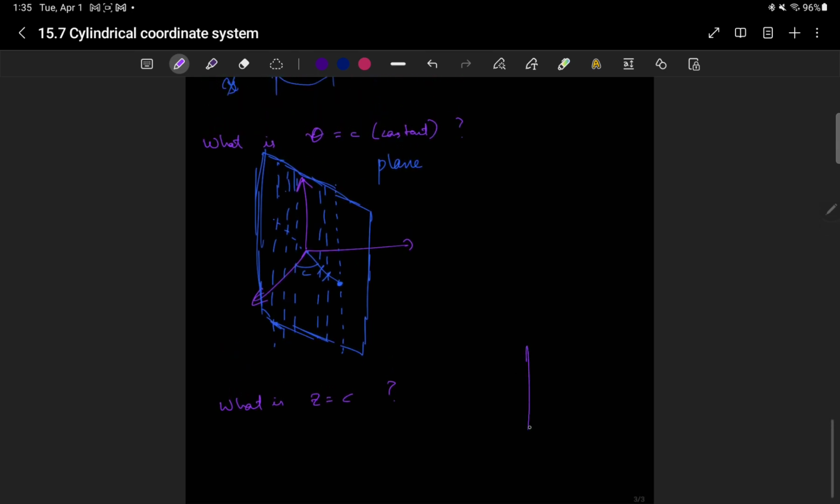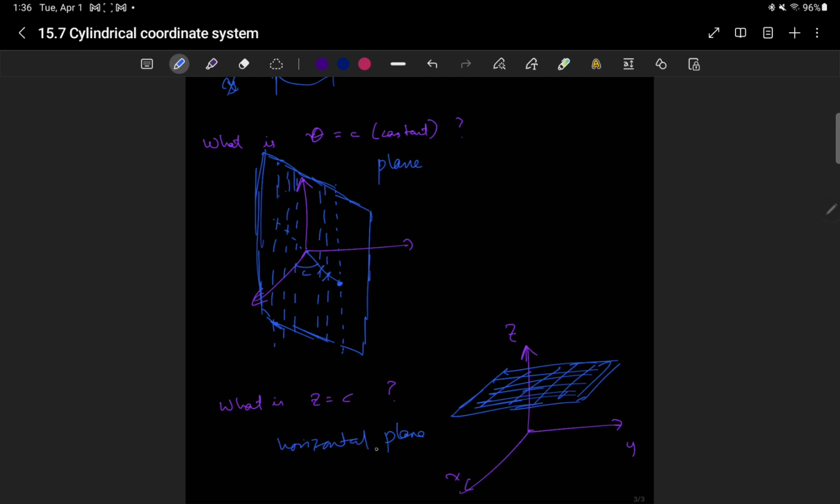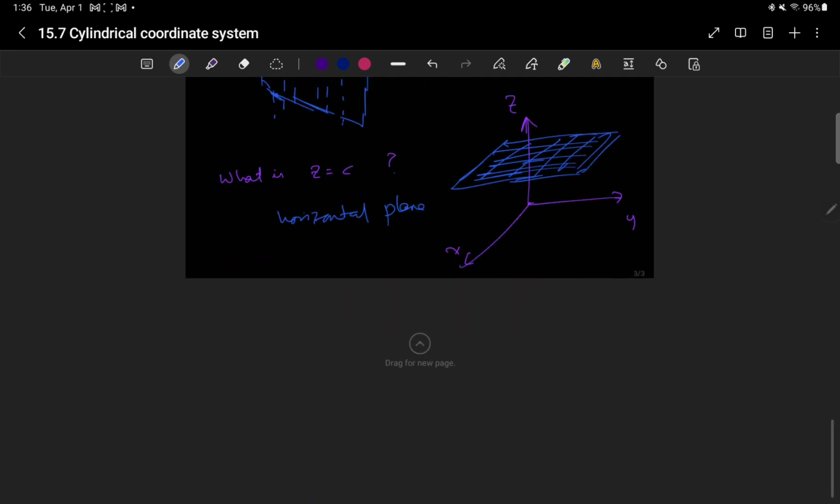Since z doesn't have a new representation, z equals c is just a regular plane at some constant height. So this is again a plane. Specifically, it will be a horizontal plane. Whereas here, as you change theta, it's a vertical plane that's going to keep on rotating.